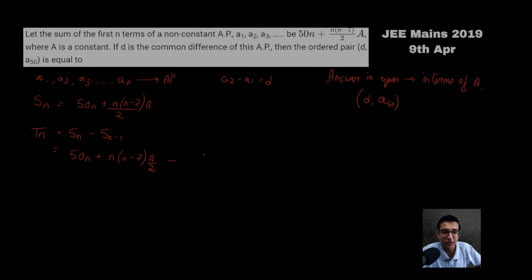minus Sn minus 1. So this would become 50 n minus 1. Let's take this under bracket so that we do not mess up with the signs of plus and minus, plus n minus 1, sorry for that, n minus 1 into n minus 8 a by 2.